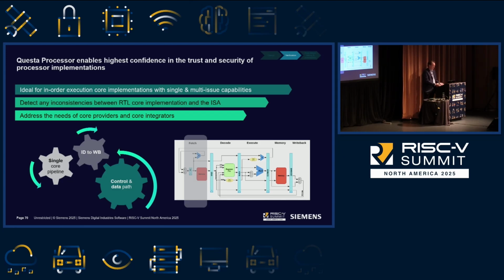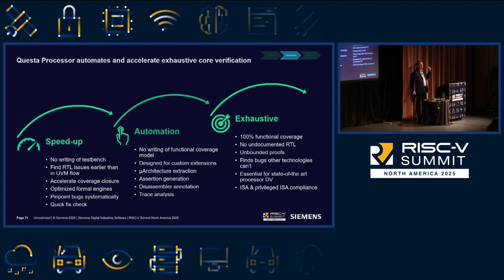Questa processor is a formal verification-based approach to basically ensure that your processor is compliant with the instruction set architecture and the prerequisites. This helps you speed up the overall process. You don't have to write the test bench. You are able to find RTL issues earlier in the flow. It's automated in the sense that you don't need to write the functional coverage model.